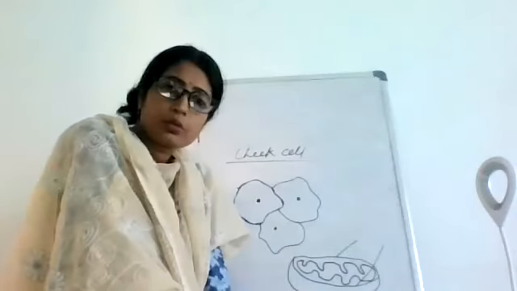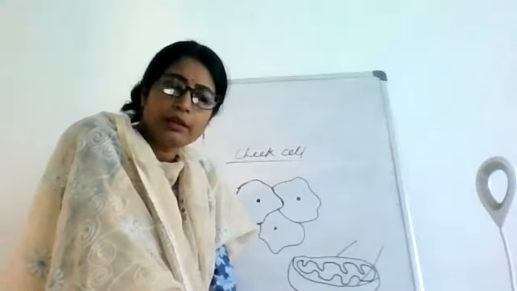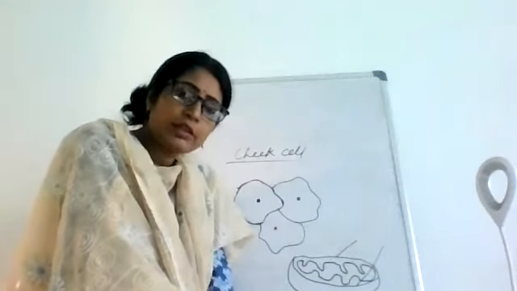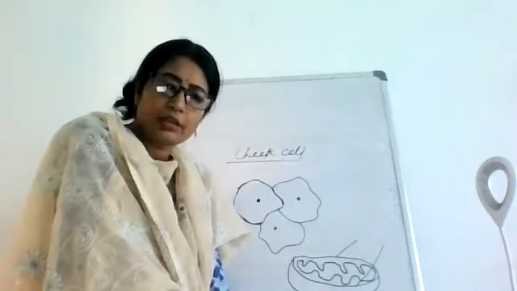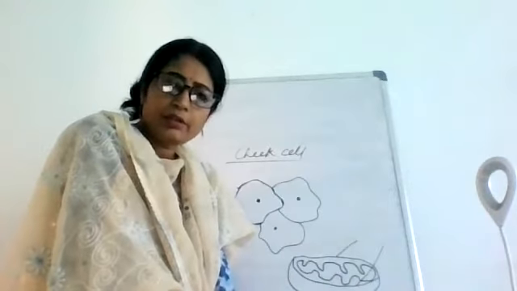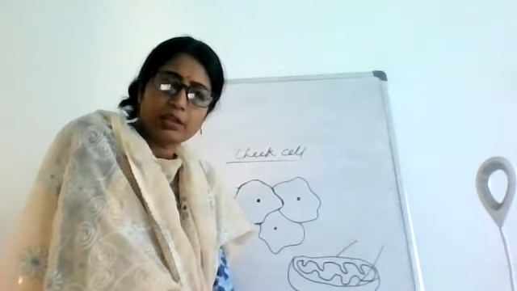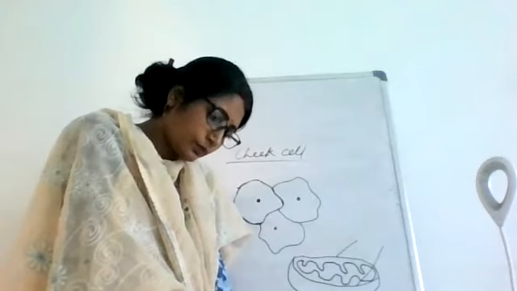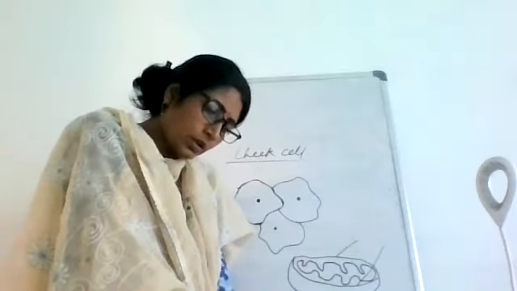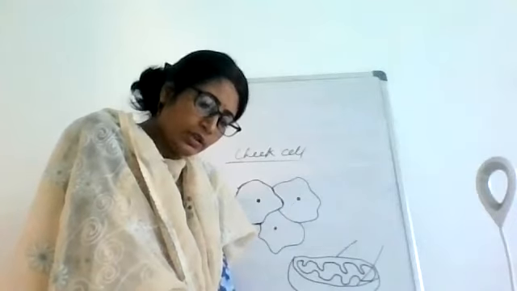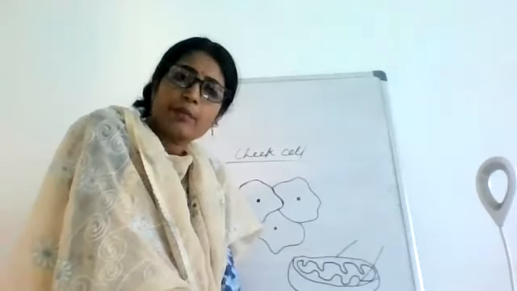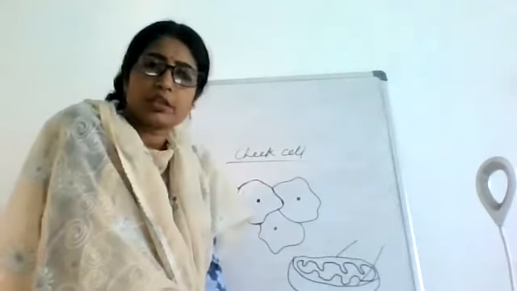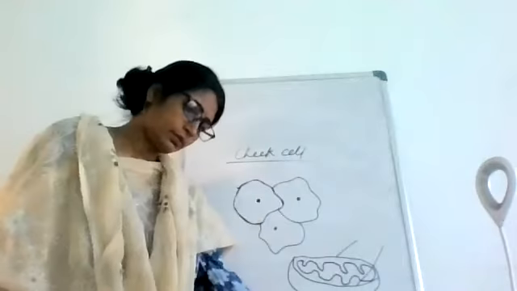So second point, what are you going to write? Cell division takes place by binary fission. And in this one, cell division takes place by mitosis and meiosis.